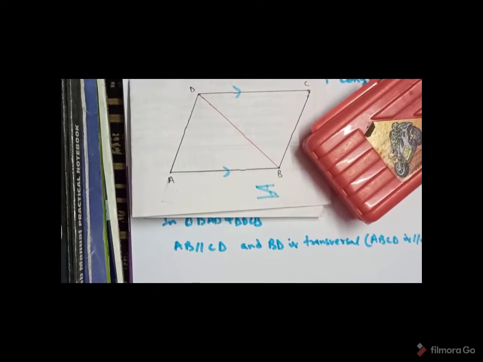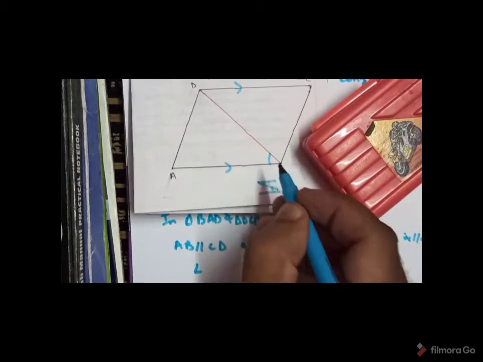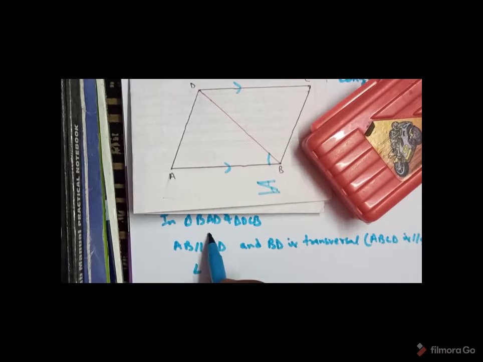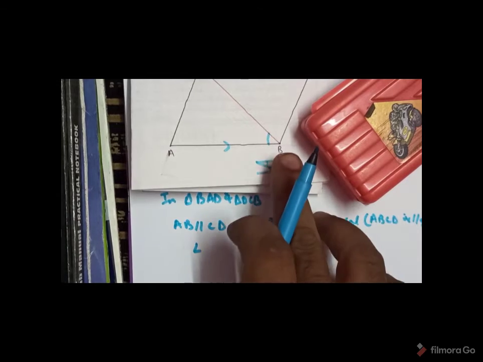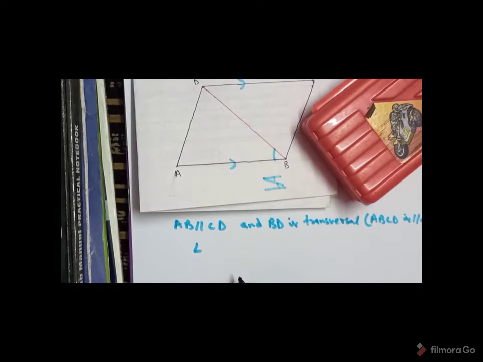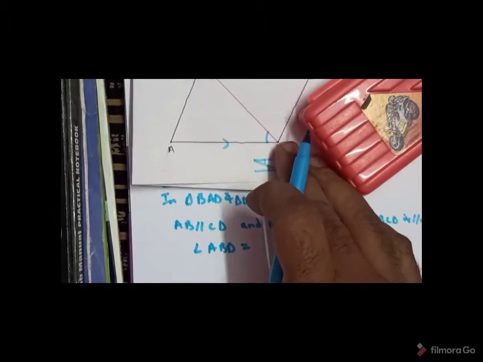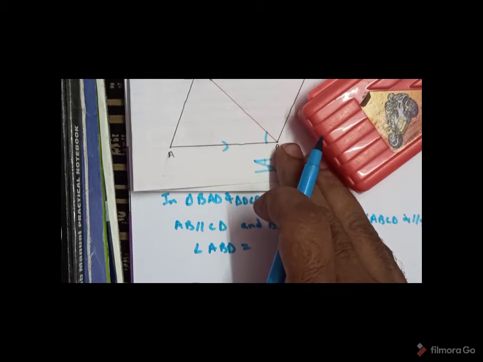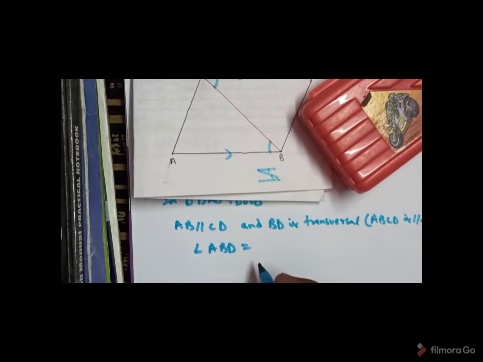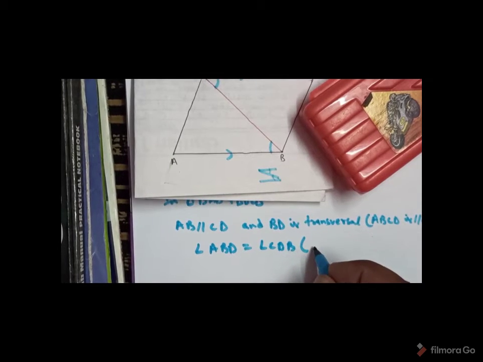So we can say that, taking the angle from triangle BAD, angle ABD will be equal to angle CDB, because they are the alternate interior angles.